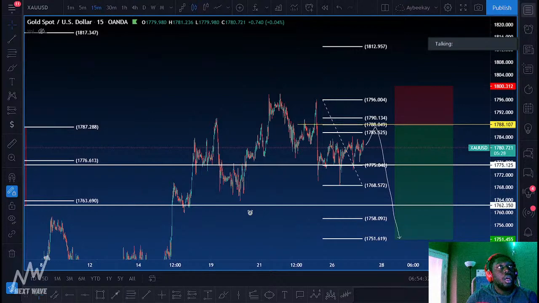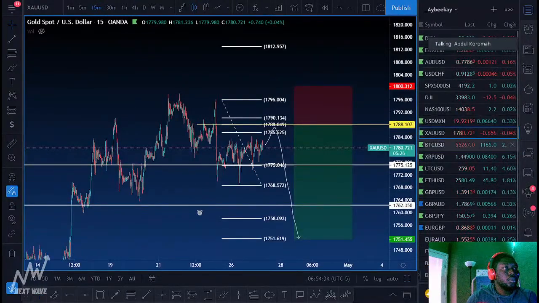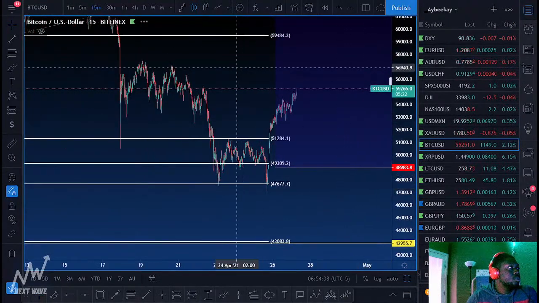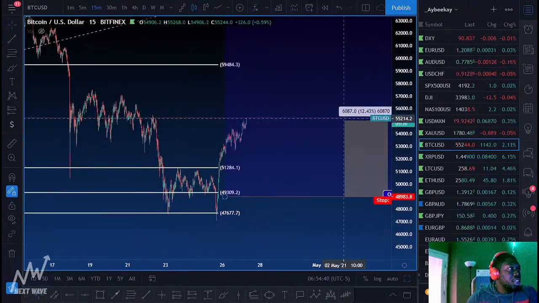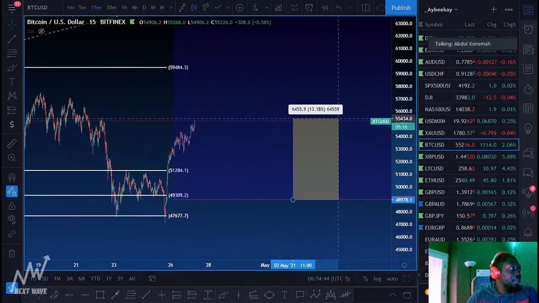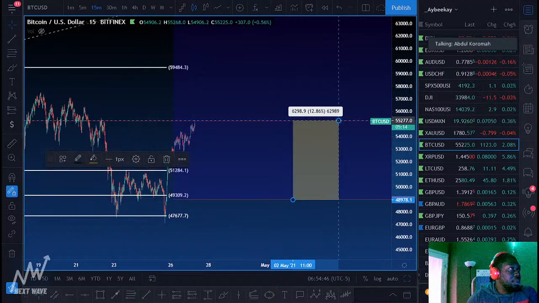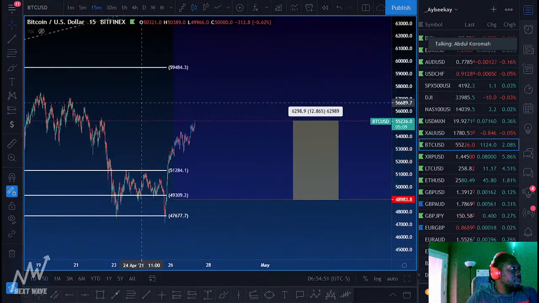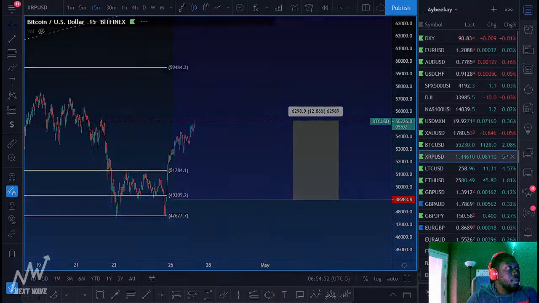Cryptocurrencies, yeah, they're out of here, guys. Bitcoin is up. I mean, if it happens, I'll give a setup that I could possibly see. Bitcoin's up 6,298 pips from the sell on Sunday.